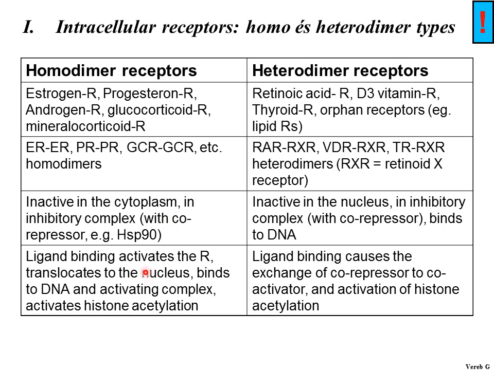and once they are in the nucleus, bound to the DNA after they bound the ligand, the activating complex that they recruit has a histone acetylase activity, which, as you learn from molecular biology and probably also genetics, histone acetylation will cause the increase of negative charge on histones, which repel the negative charge of phosphates in DNA.